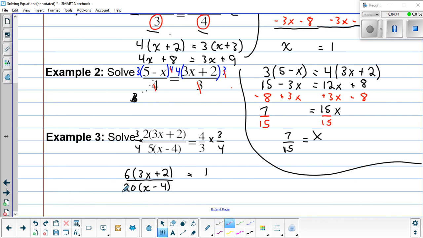Now, I've got this denominator down here, so I have to multiply by 20 bracket x minus 4. So I have to do it to this side. So it might be looking like, why are we doing this and not expanding? Well, you could expand. You just might have to move more terms over than if you do it this way.